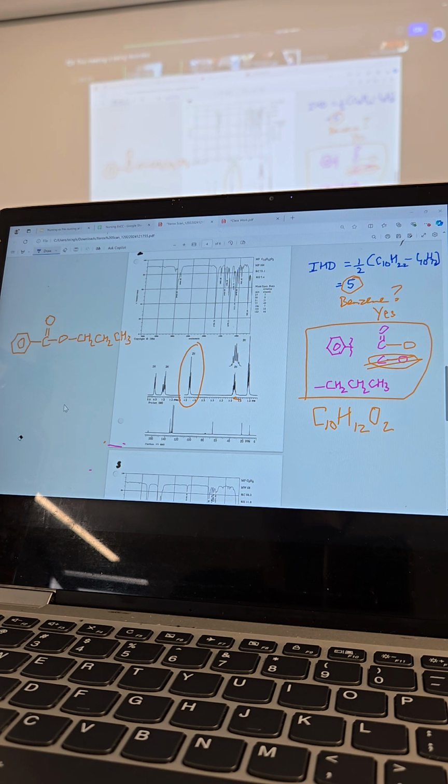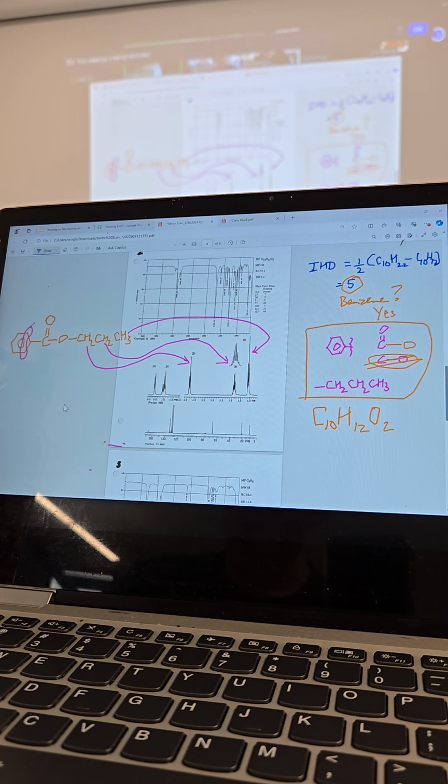Okay. Now, something that I do, which you need to also focus on: assign signals. I always ask, and we do that in class also, assign your signals. Basically, we are saying that the methyl hydrogens are giving us this signal, the methylene hydrogens are giving us that signal, and this one is right there. And then what about the benzene signals? Which signals are being shown by those hydrogens?